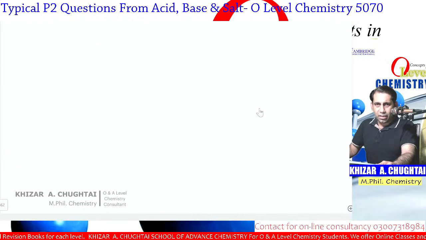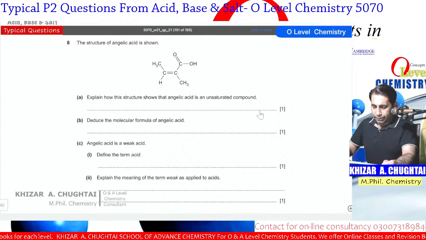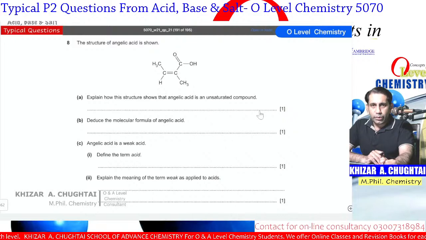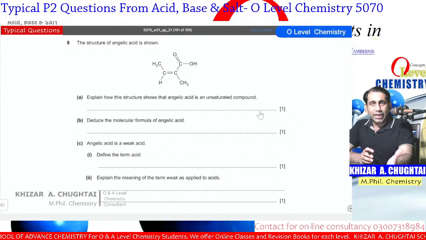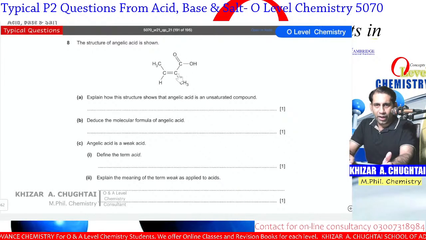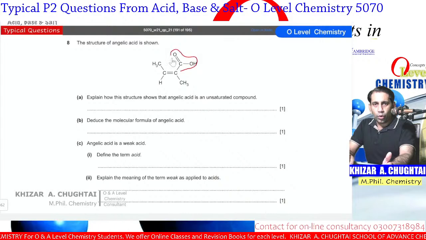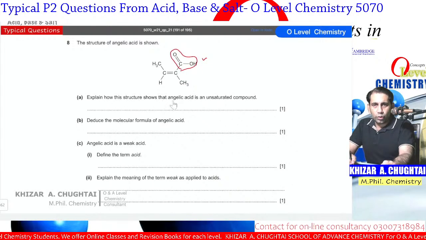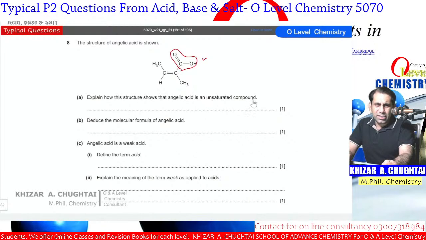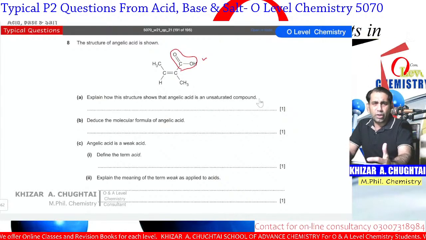Now let's see how to solve different past paper questions. This question is from November 21. The structure of angelic acid is shown, that is said to be an organic acid. As you can see over here, this is the COOH group, so it's an organic acid. Explain how this structure shows angelic acid is an unsaturated compound.